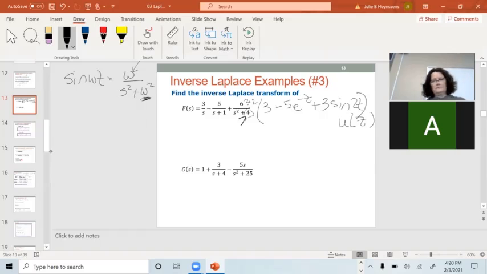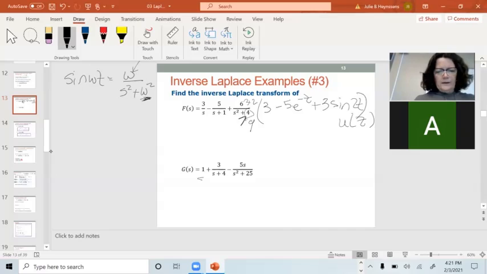Would you always divide the numerator by 2 and put it in front of the sine? No, because if this was s squared plus 9, then it would be sine of 3t, and I'd have a 2 out front. So just be careful with this.